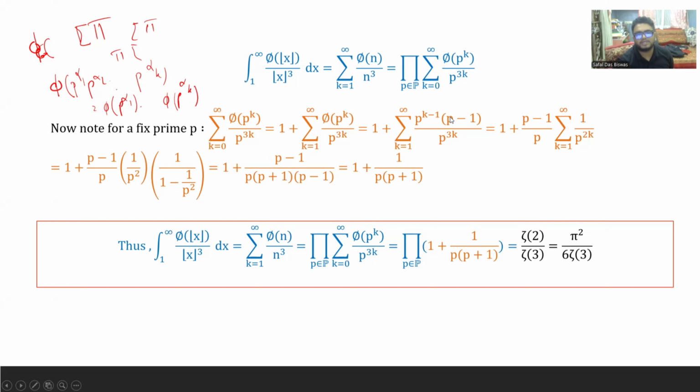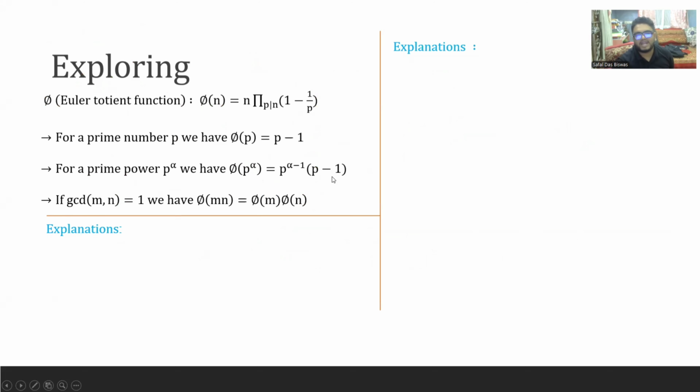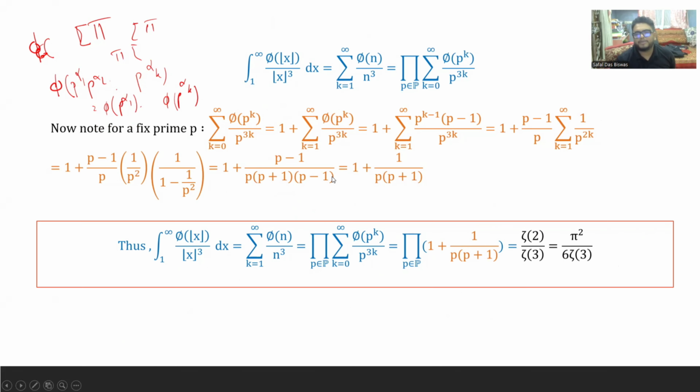Just compute it, plug it in, use the geometric formula, and you will get this, and we have derived the identity 1 plus 1 by p plus p into p plus 1. If you just compute this expression and plug it over all primes, this is zeta 2 by zeta 3, and zeta 2 is pi square by 6, so pi square by 6 zeta 3. That's it, and that ends the proof.